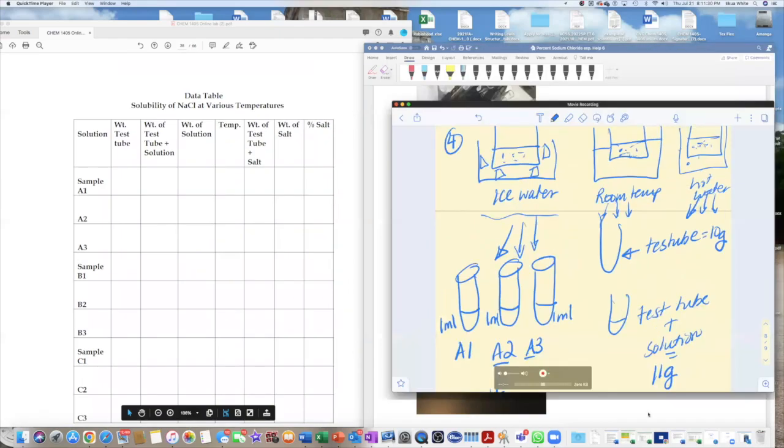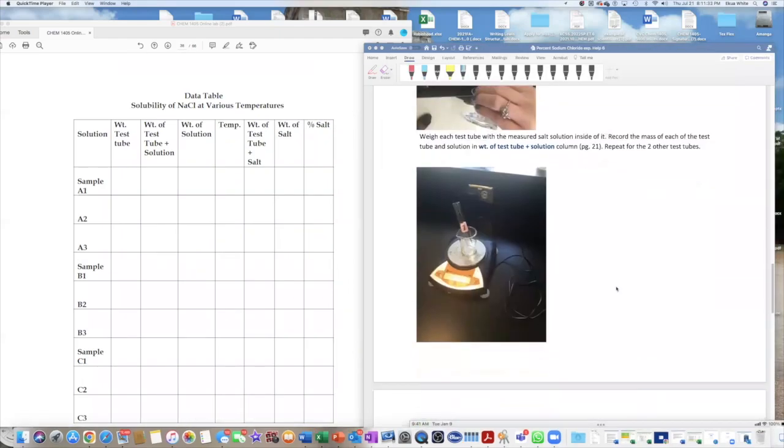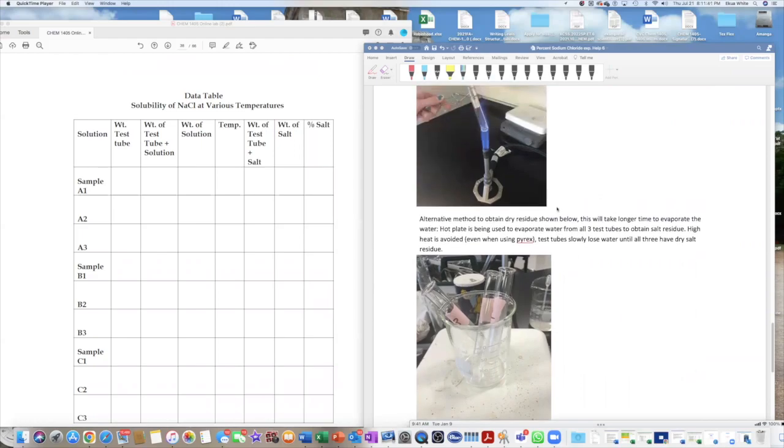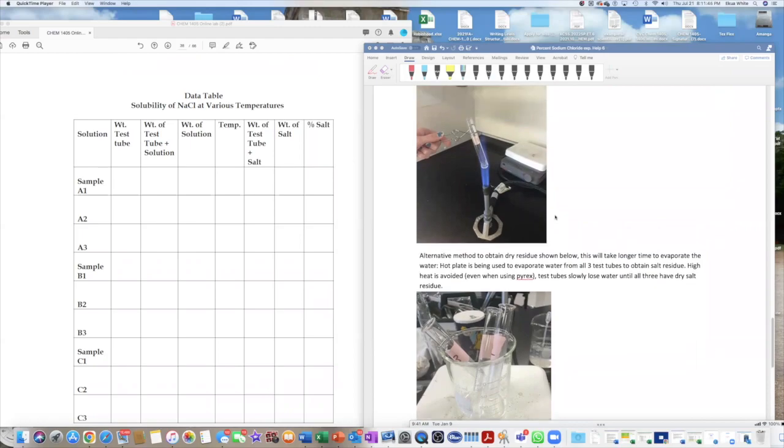Let me see what else I have in this picture. Let's see, we have that. This is me heating. I show you guys an alternative method. Since you are at home, if you have a gas stove, you have access to an open flame that's a lot hotter than the alcohol burner you have in your kit.